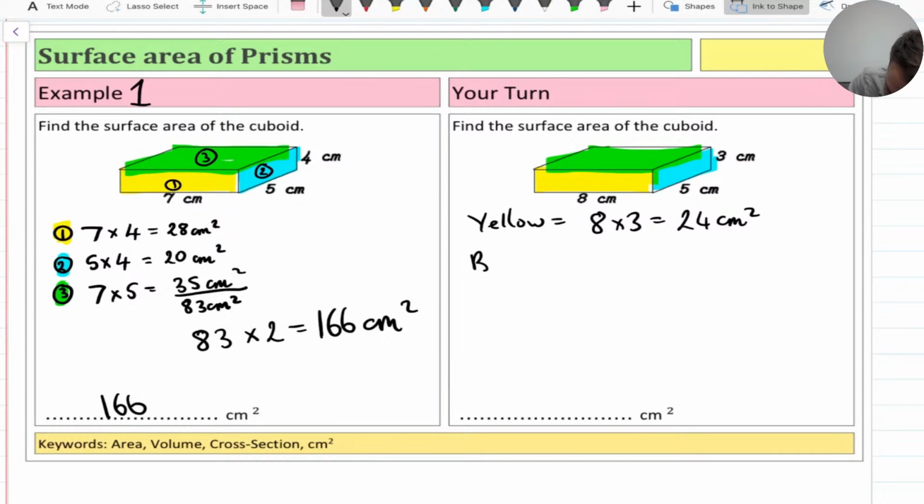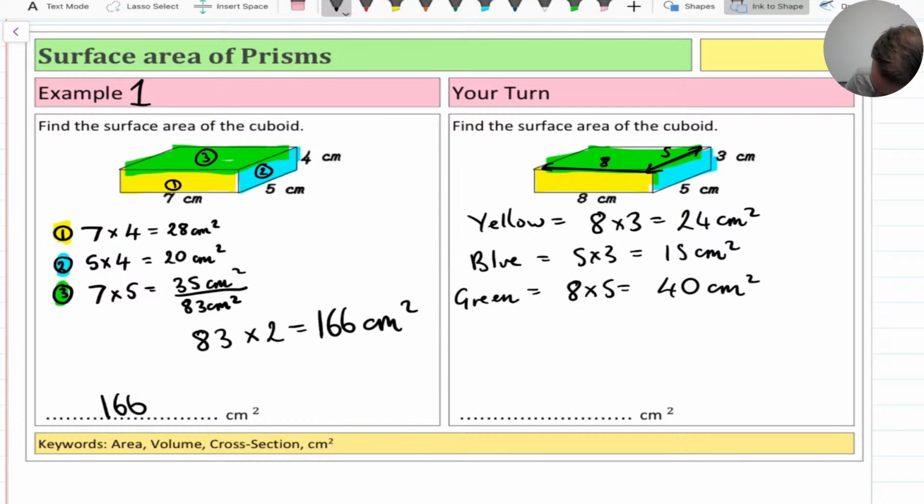The blue side is equal to 5 by 3, which is 15 centimeters squared. And the top, which is the green, this is always the trickier one, isn't it? So this one here is 8 across by 5 back, so it's going to be 8 times by 5, which is equal to 40 centimeters squared.